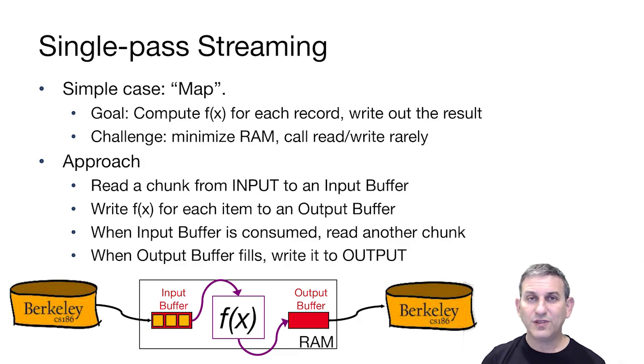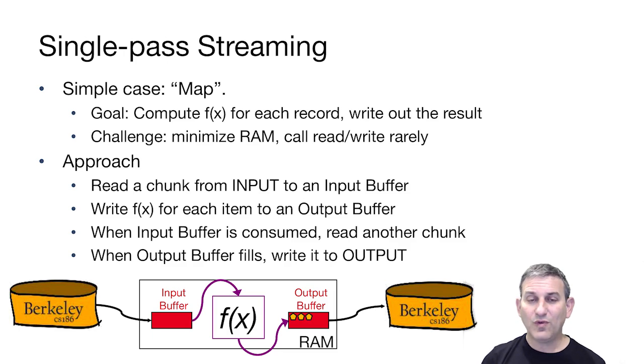It'll look kind of like this. We'll read a few items into our input buffer. Let's say a page full of data has 3 items on it. We'll call f of x on each item and place the outputs into an output buffer. You can see in this example, our function f turns rectangles into pentagons, and it makes them smaller, which is to say the output is fewer bytes than the input. So there's still more room in the output buffer for more items.